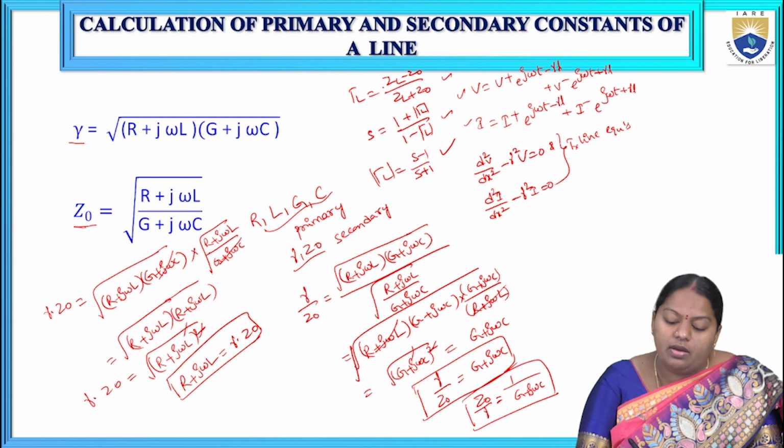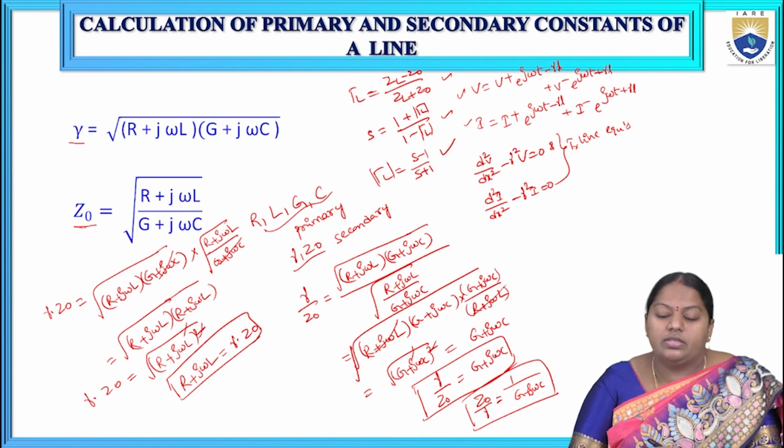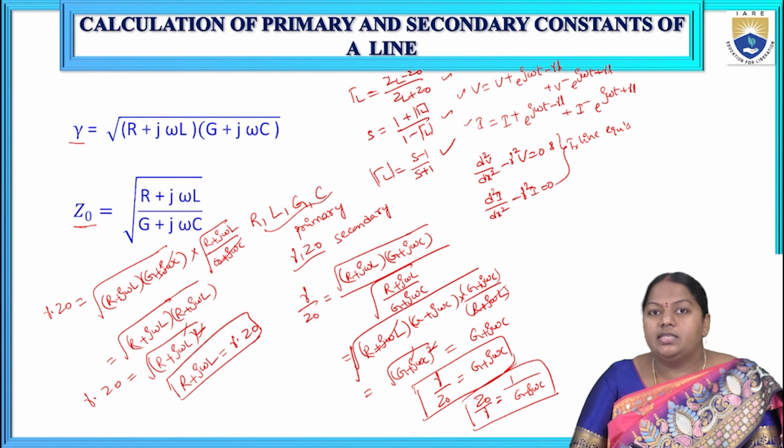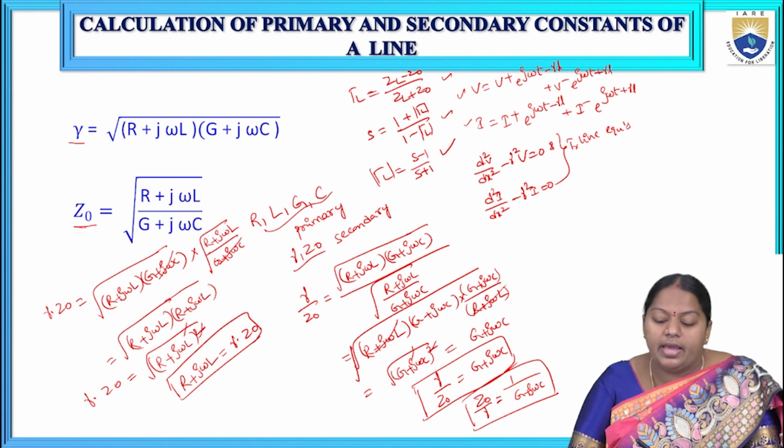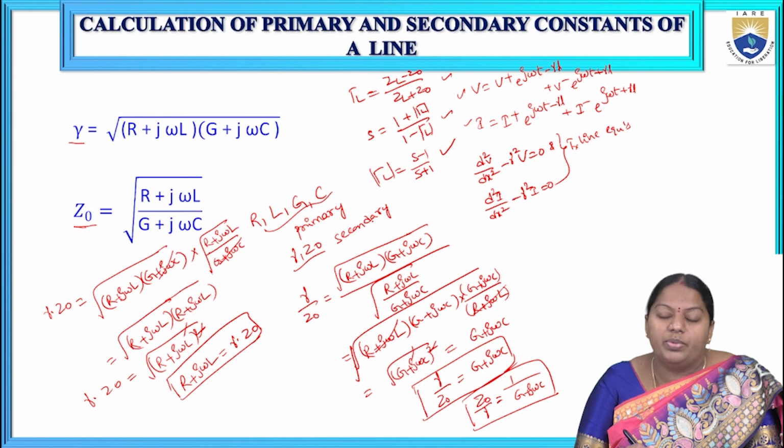Along with that, we have written the reflection coefficient at the load as the ratio of ZL minus Z0 to ZL plus Z0, where ZL is the notation for load impedance and Z0 is the notation for the characteristic impedance.